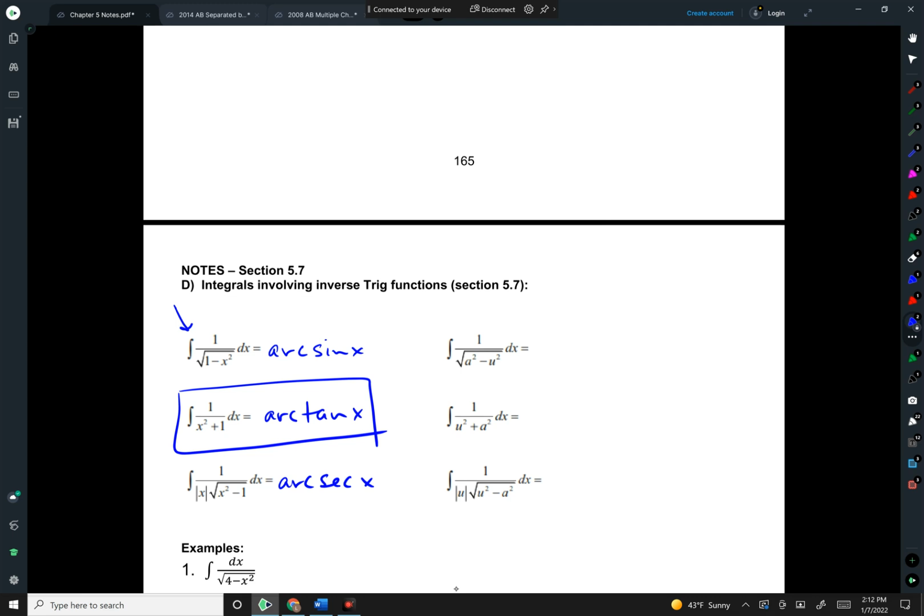But isn't a just a constant? So do you see how those are similar? If it fits that pattern, it is an arctangent. The way it comes out to be is 1 over a arc tangent of u over a. It's just the formula that we have to know.